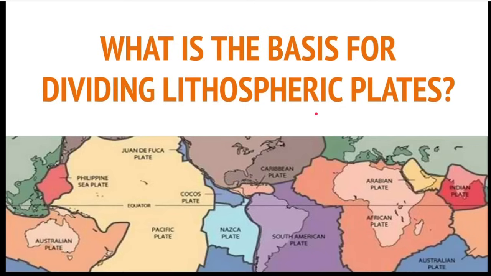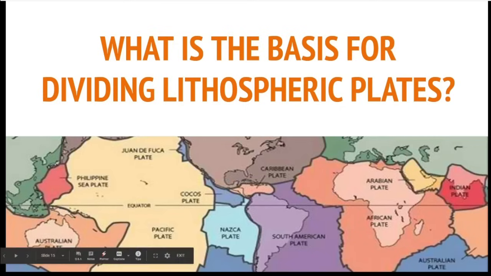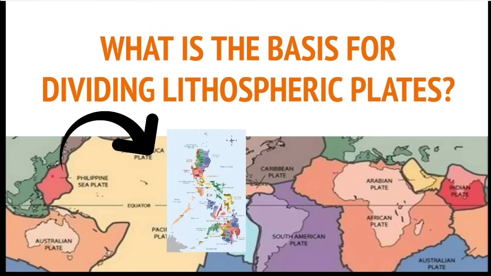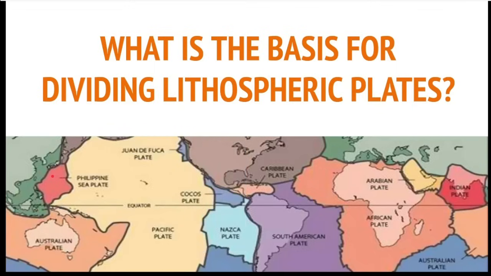How did they know that the shape of the Arabian plate is like this? How did they know that the Philippine plate is just this one? Okay, we know that the Philippines is not with this shape because the Philippines is an archipelago, but then how did they come up with these divisions?